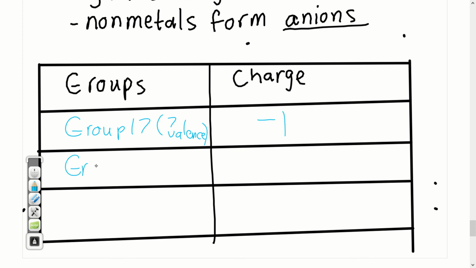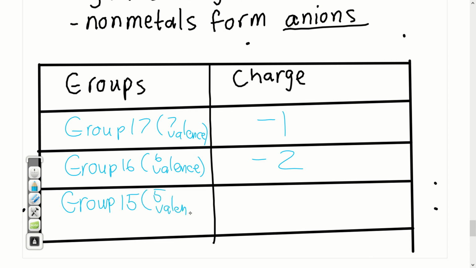Group 16 has 6 valence. They only need 2 more, so they become -2. Group 15 has 5 valence. They need 3 more, so they're going to be -3. So group 17, the halogens, -1, then -2, -3. Basically, you count away from the noble gases.